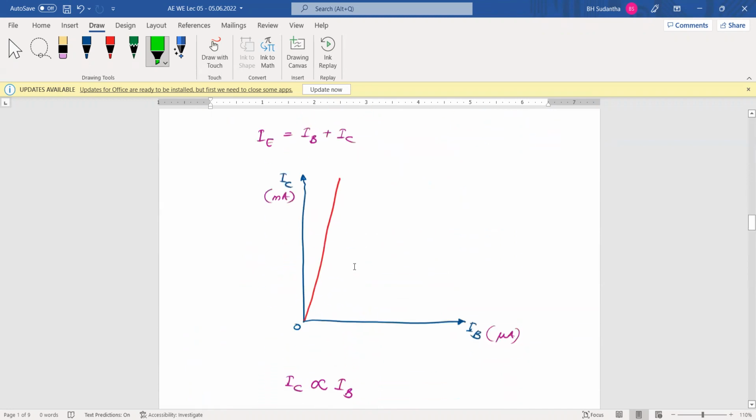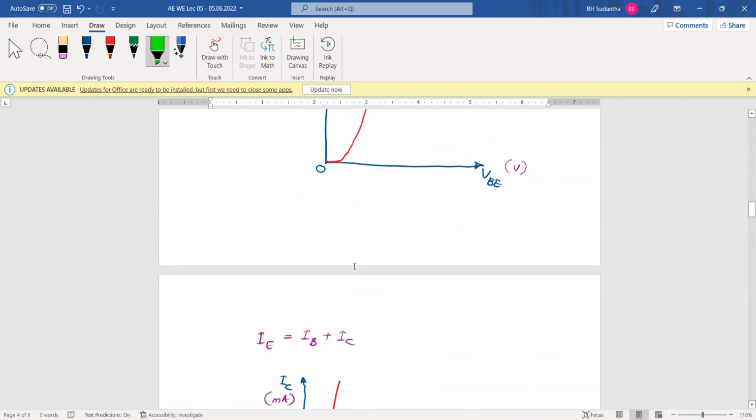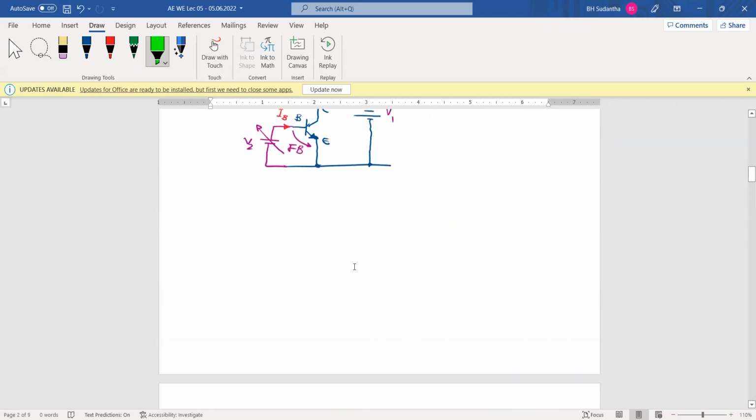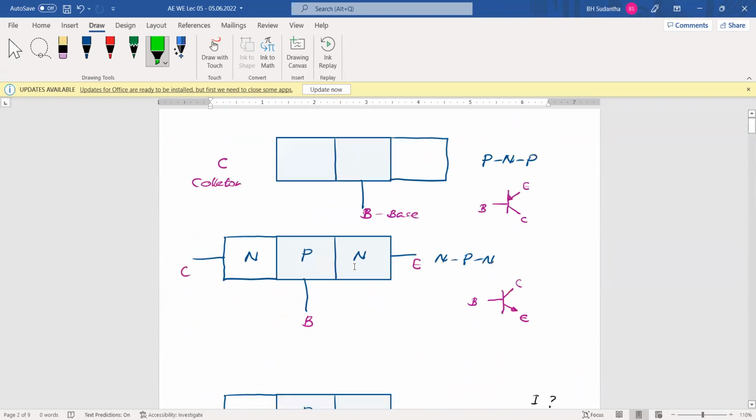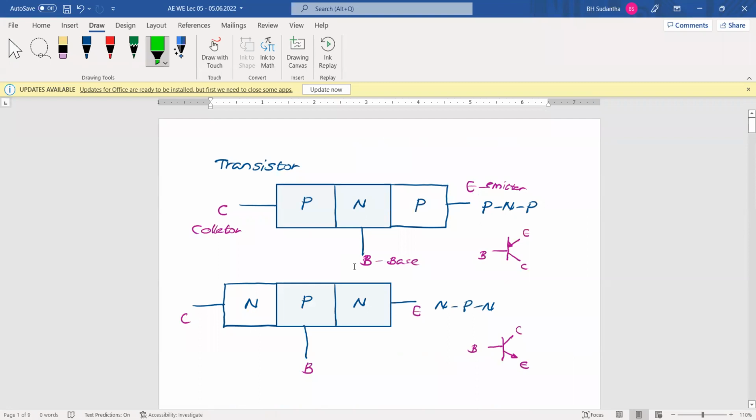Okay, one other thing: so far I have used an NPN transistor here, but I didn't use a PNP transistor for discussion. In your scope and in the examination also, we use only NPN transistors. But whatever we are doing for NPN transistors, for PNP you have to reverse the polarity, reverse the voltages and all these things.